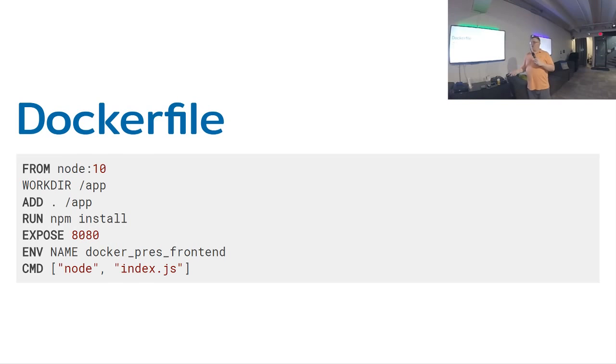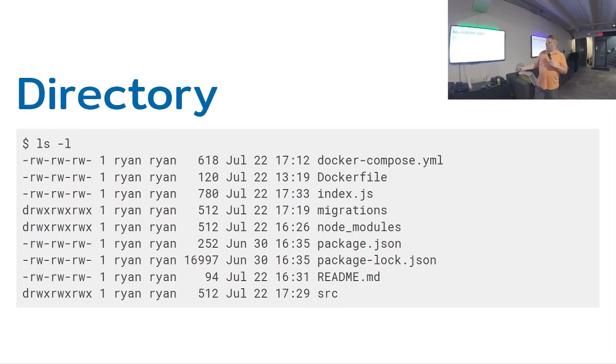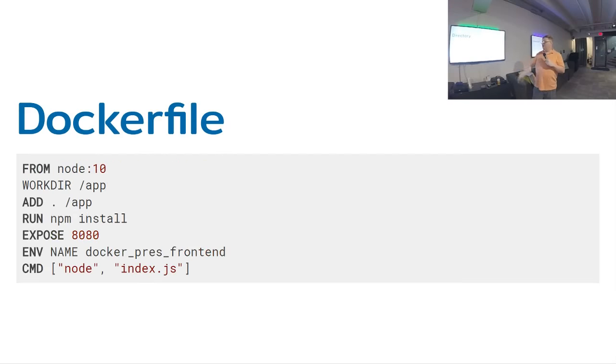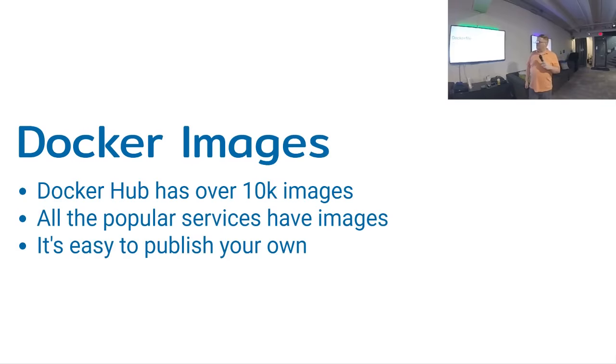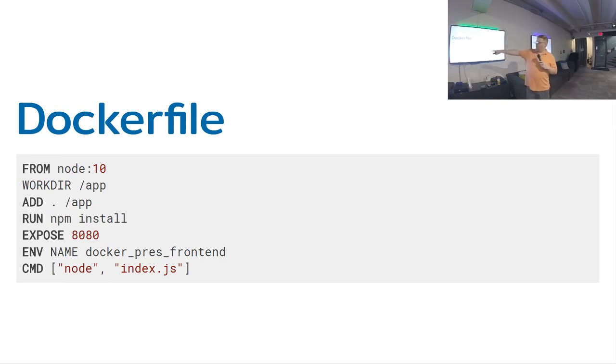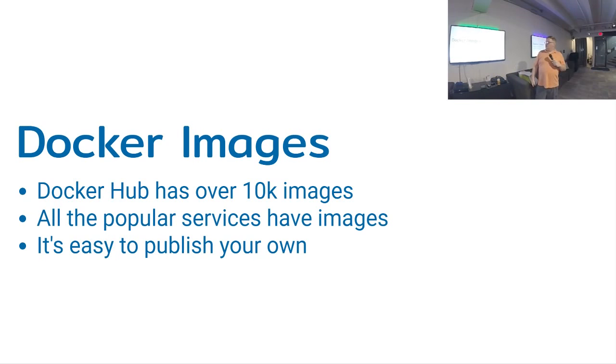As the container is building, I'm going to run npm install, which will install all the packages defined in package.json and whatever's in the lock file. Then we say this container is exposing something on 8080. We define an environment variable, which just gives a name to the service. And then we call Node and tell it to use the Node.js file that we saw a moment ago.